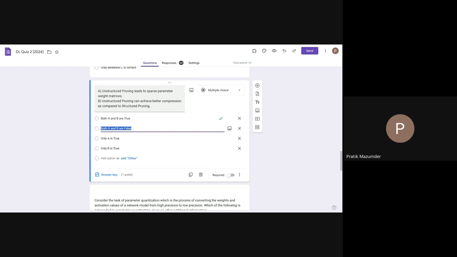It doesn't follow any such structure. As a result, it can reduce the model parameters, or at least the computation required, to a much better extent than structured pruning, because structured pruning is always restricted to removing entire neurons or entire filters at a time.